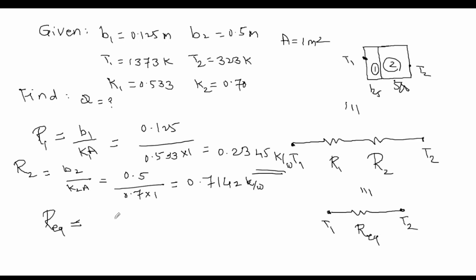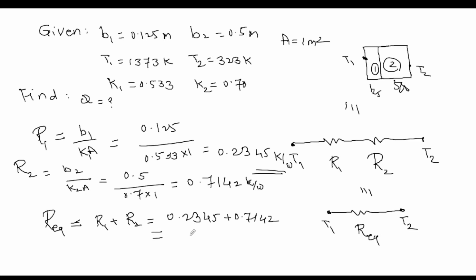Now we know these are in series, so the equivalent resistance will be equal to the sum of all series resistances. R1 plus R2 equals 0.2345 plus 0.7142.